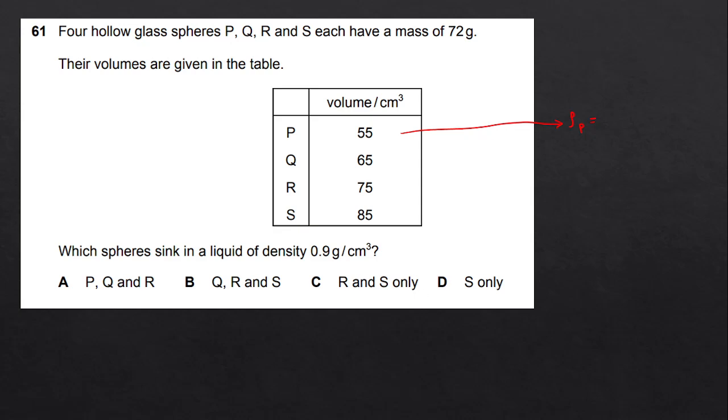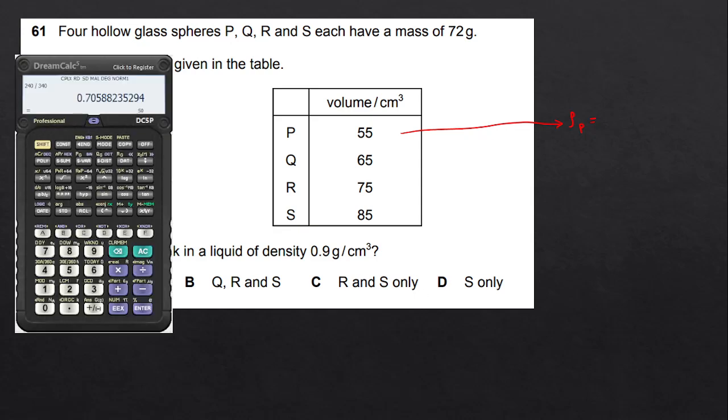Let's use our calculator for this. 72 divided by 55 will be 1.309. We can call it 1.31. So the density of object P is 1.31 gram per cm cube.